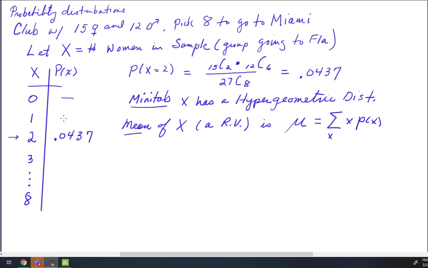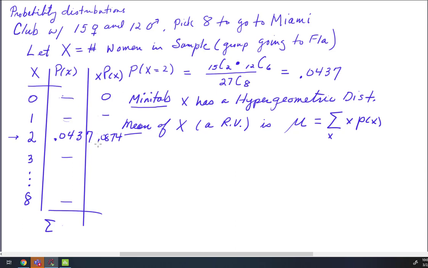So if I had everything filled in here, to calculate the mean of x, I would have to extend this column and get an xp of x column, which would just be the products. I mean, 0 times whatever that is would be a 0, and 1 times whatever that is would be whatever it is, and 2 times this would be 14, 7, 8, 0.